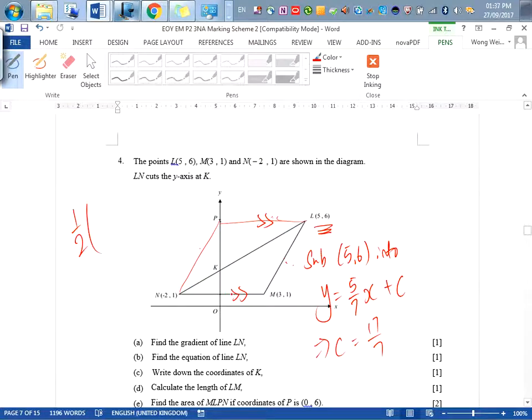How long is this? From -2 to 3, that will be 5. Plus, from here to here, also 5 units. Okay, half times sum of parallel sides times the perpendicular height. Perpendicular height from 1 to 6 is again 5. So this gives me 25 square units.